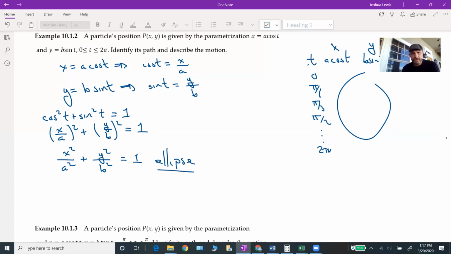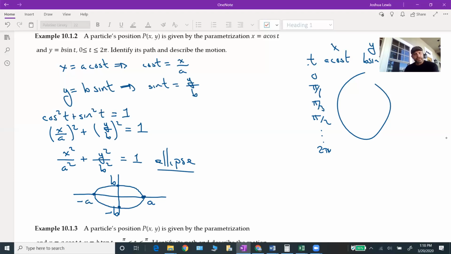And so if you think about what the ellipse looks like, well, this is going to be a, negative a, b, negative b, right? Just remembering how to graph an ellipse. And of course, the way I've drawn this, the assumption is that a is larger than b, but that doesn't have to be the case.